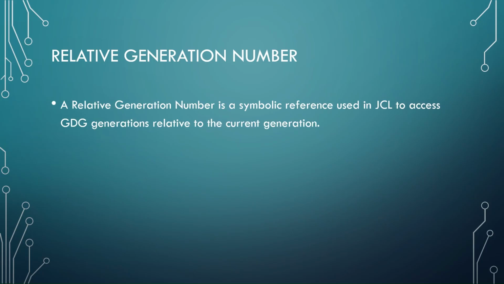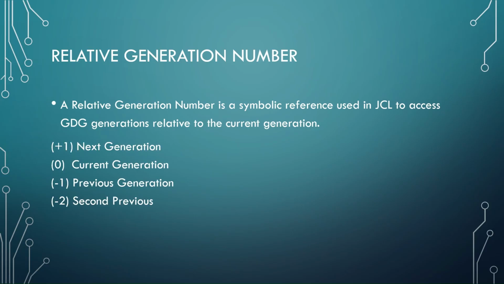Relative generation number. One of the biggest advantages of GDG is that we don't need to remember long generation names. Instead, we can use relative numbers. GDG plus 1 represents the next generation to be created. GDG of 0 represents the current latest generation.